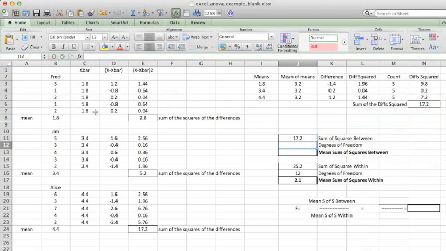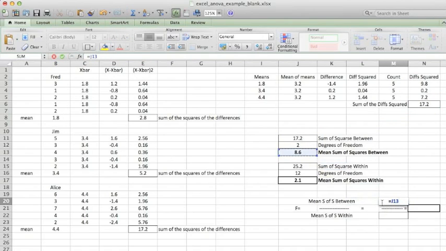In this case, the degrees of freedom is equal to the number of groups minus 1. I'll divide the total sum of squares by the number of degrees of freedom to get the mean sum of squares between the means. Finally, I have what I need to calculate the F statistic.